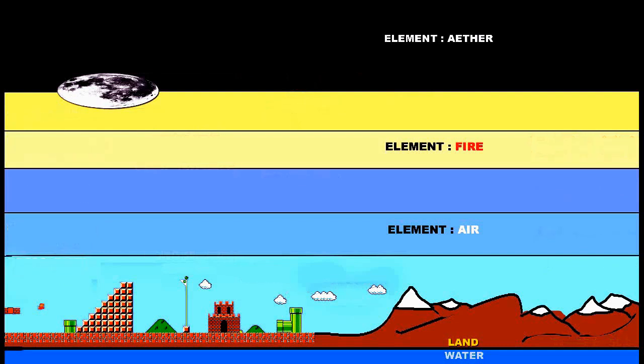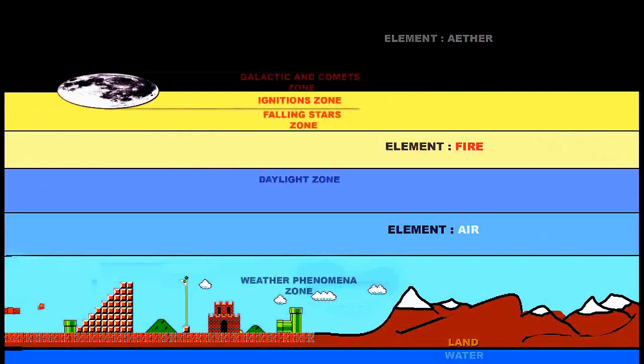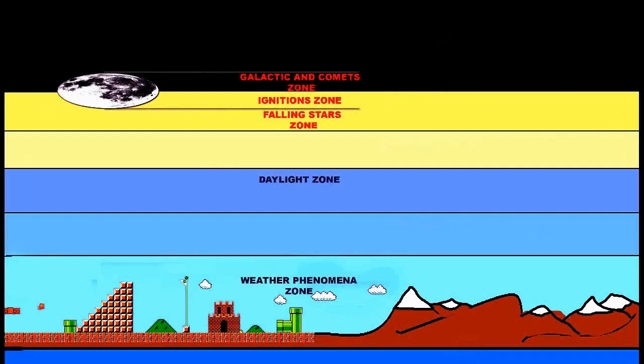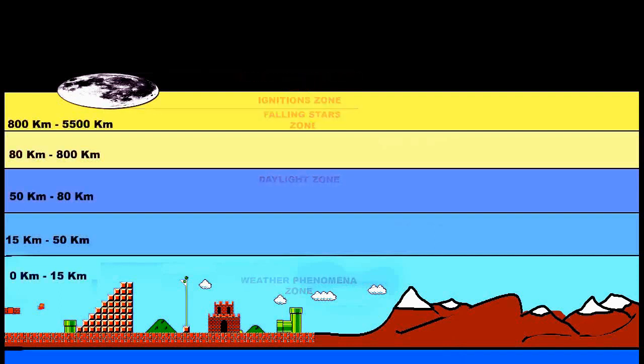All these gases are in layers and not mixed, with the densest being below while the thinner being above. In this part, the ionosphere, is essentially where ionized atoms are located and high pressures and temperatures develop.